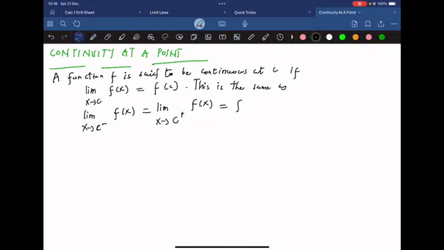And this should be the same as the function evaluated at that point, right? So basically what this is saying is that for a function to be continuous, you have to check for these three things, or you can check for this and this.